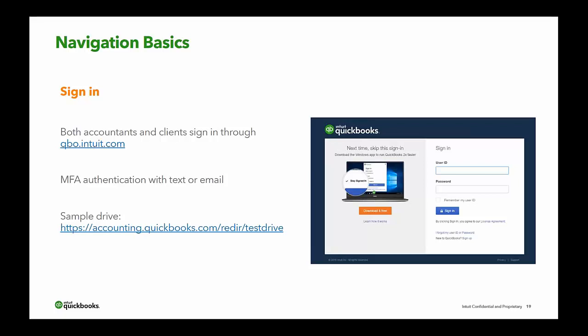It's no different than where the clients sign in. Because you have the QBOA portal, your screen will just look different than your client's. MFA, multi-factor authentication with a text or an email will pull in, right? So for the first time that you use QuickBooks Online Accountant, you will be prompted for a 6-digit PIN code.